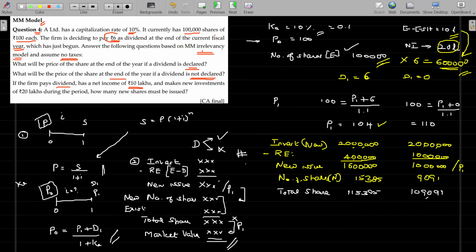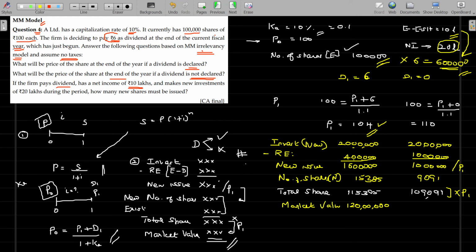Now I want to find out the market value of the company under both options. How do you calculate the market value? Number of shares multiplied with the price applicable by the time. 1,15,385 multiplied with the price applicable in this scenario, 104. If you multiply these two, 120 lakhs will be the market value, rounding to the closer number.